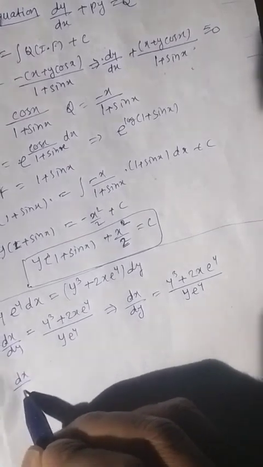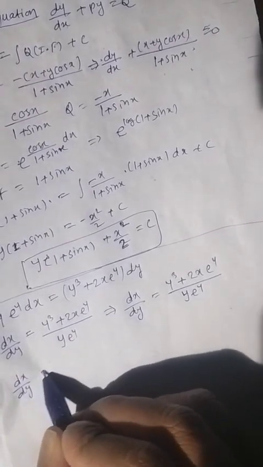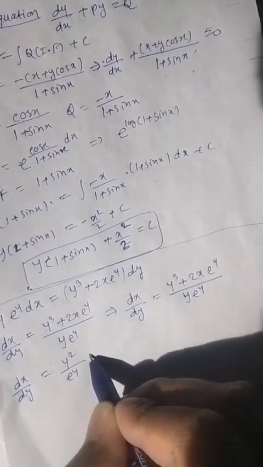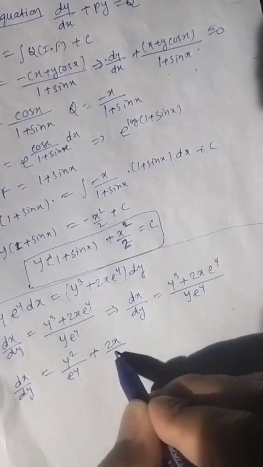So dx by dy is equal to y square upon e raised to y plus 2x upon y.